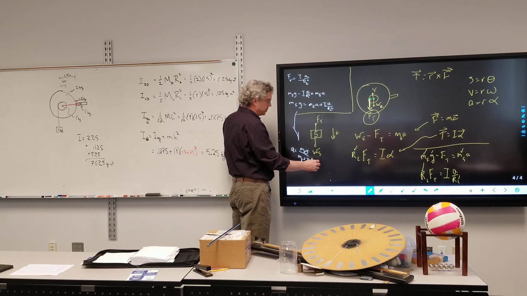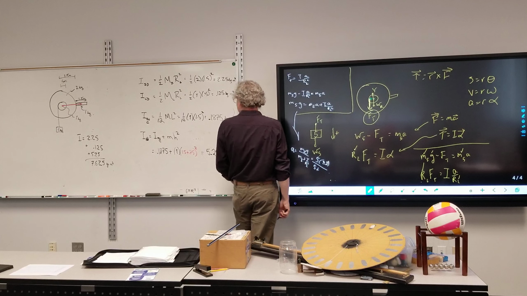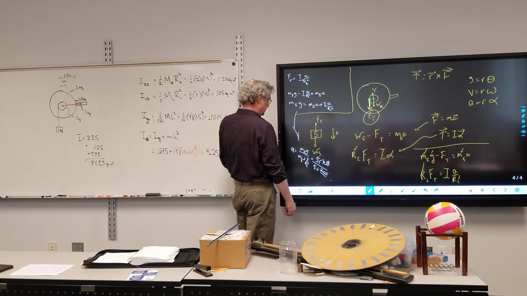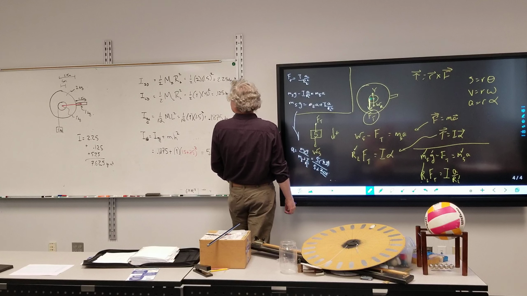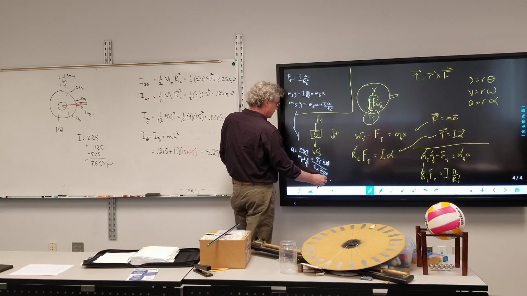And now we plug in. So that's 5 times 9.8 divided by 5 plus 7.625 divided by 0.5 squared.